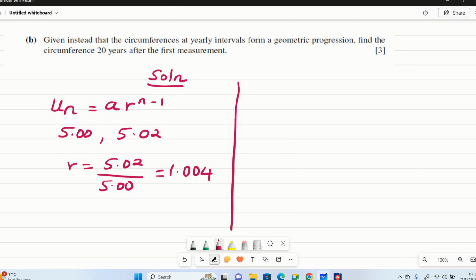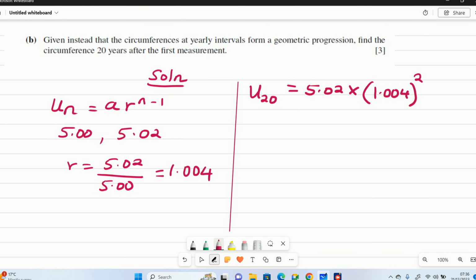Now, once you get that, to get your U20, that is the length 20 years after the first measurement, you take the first measurement, which was U1, that is 5.02, times your common ratio, which is 1.004 raised to the power 20 minus 1, just as the formula says.